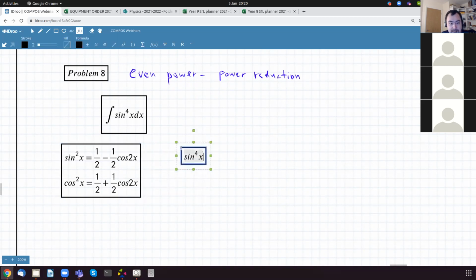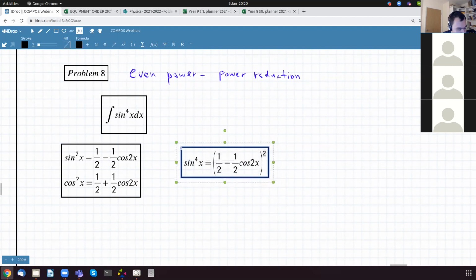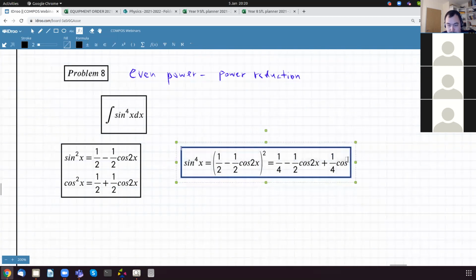Sine to the power 4x is equal to (1/2 minus 1/2 cos 2x) squared, and this is a quarter, minus double the product, so a half cos 2x, plus the square of the second number, a quarter cos squared 2x.